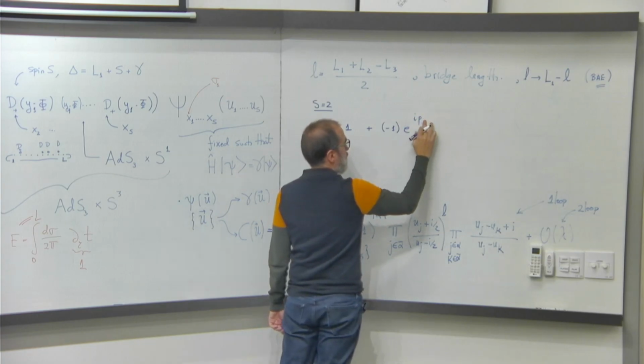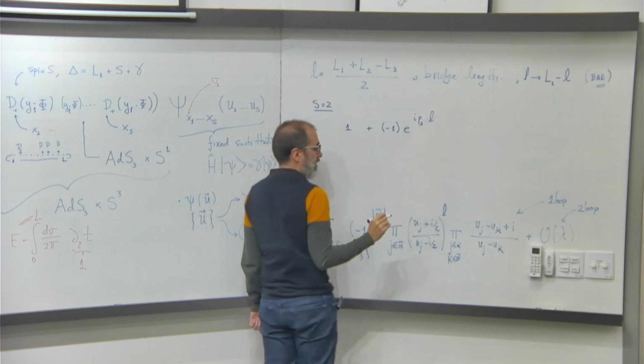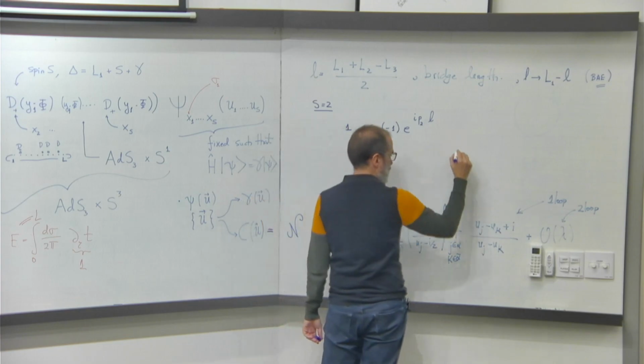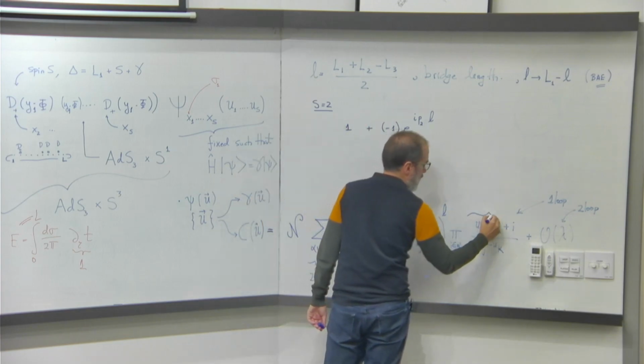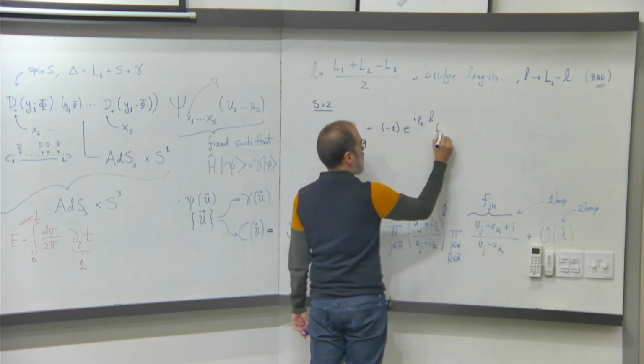Let me write first this one: p2 times L, times, let me denote this function here, f_jk, times f12.